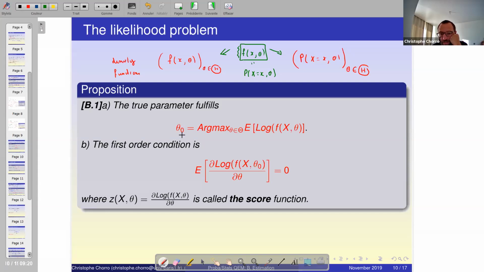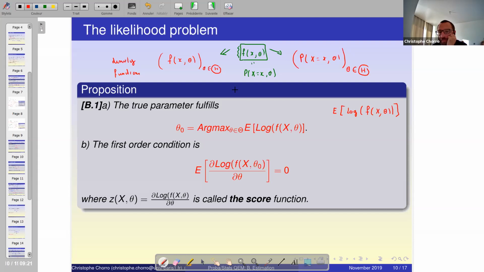I say that, in fact, theta 0 is the parameter that makes this quantity maximal, the expectation of the logarithm of f of capital X, theta. And what is this one? I will use from now on an integral notation for these quantities.